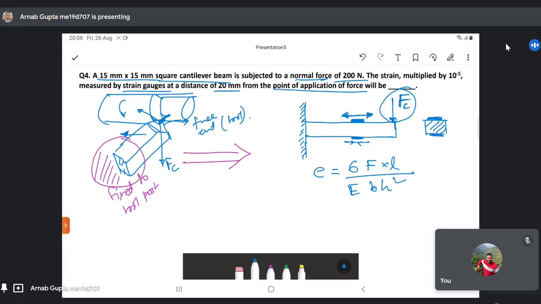What is F here? F is the normal force which is acting normal to this section here, Fc. L is the distance between the point of application of force and the strain gauge. B and H are these dimensions of the cross section of the beam.